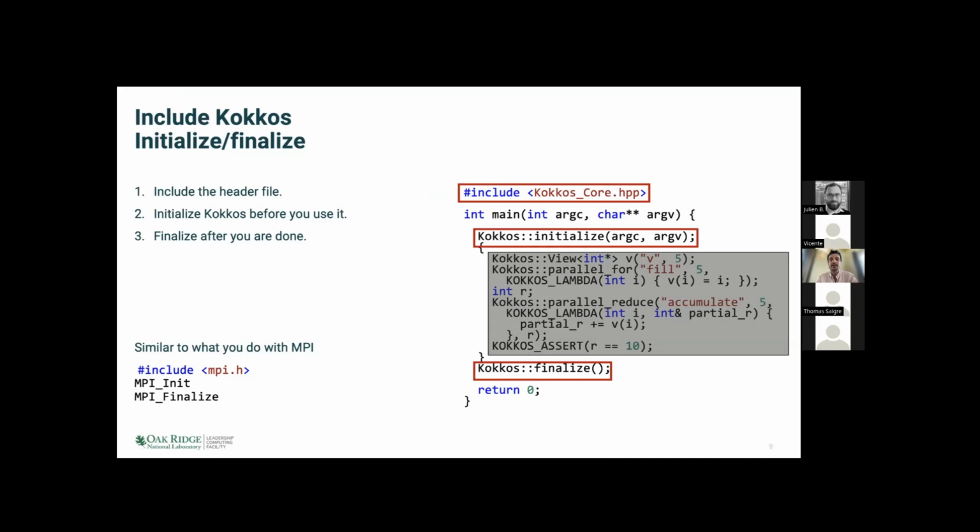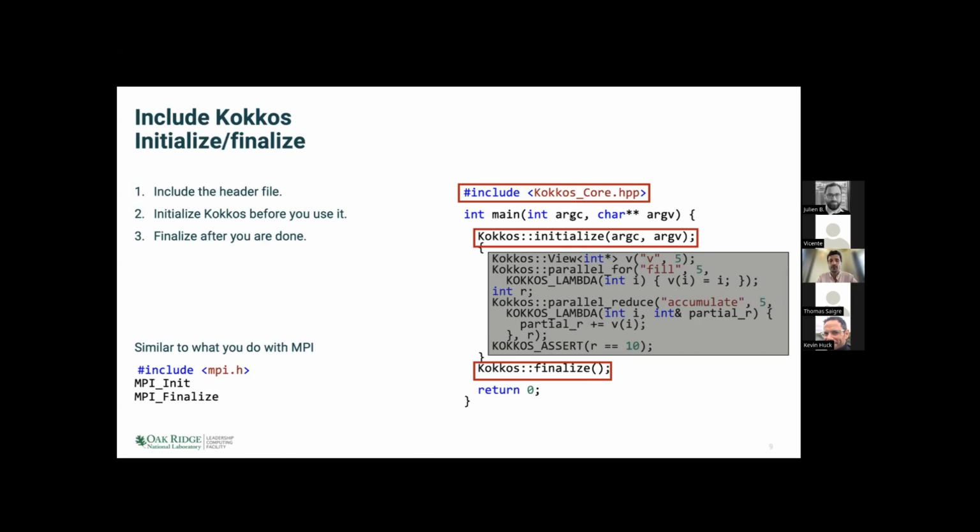And then when you write your main, you're going to need to initialize Kokkos. The most recommended thing you can be doing if you're writing your main is to pass through argc and argv. Argc is a counter for the command line arguments that are being passed when you call your executable, and argv are all the command line arguments that you might be passing.